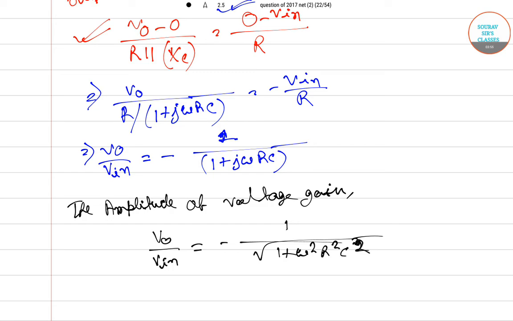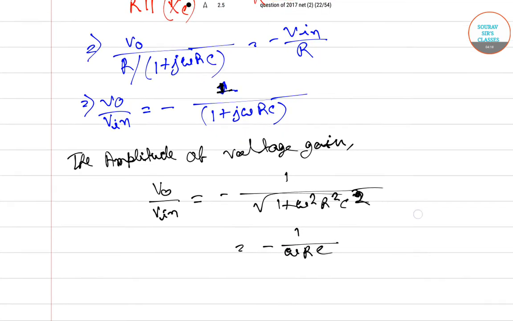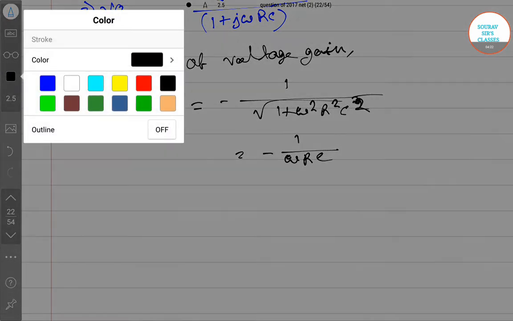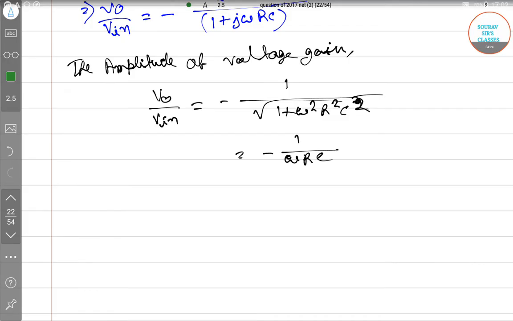This is the amplitude; here this is minus 1 by the modulus of this. This equals minus 1 by omega RC. Hence V0 by V input is equal to minus 1 by omega RC.